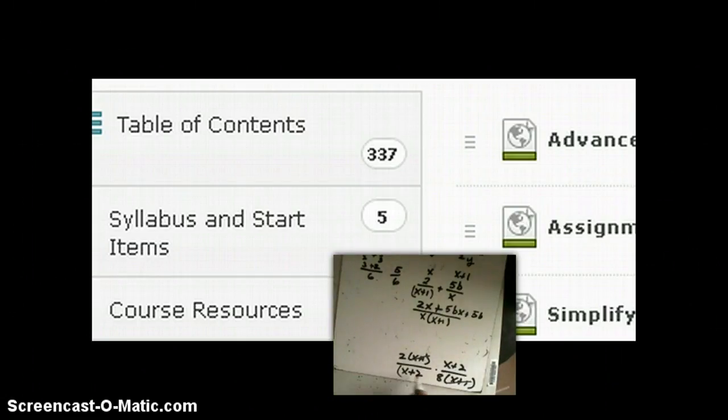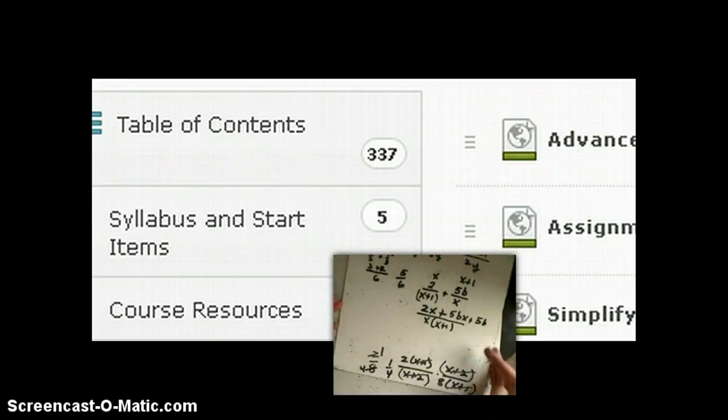I have an x plus 2 factor. I can multiply that out. And let's just say you didn't know, and you wrote my answer is 2 over 8. But I'll know that's not answer choice A, B, C, or D. So what you notice here, you're going to have to simplify that to 1 over 4.